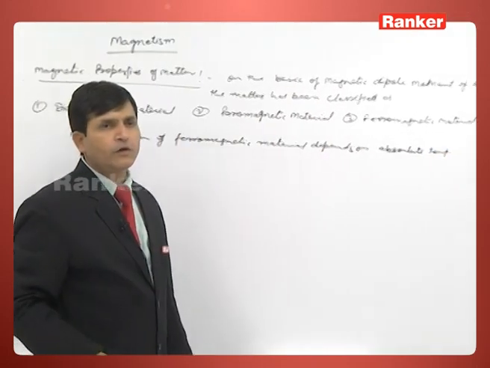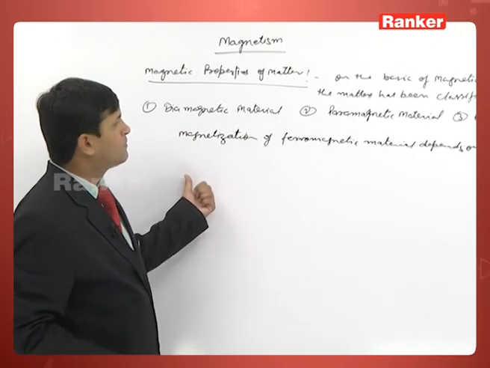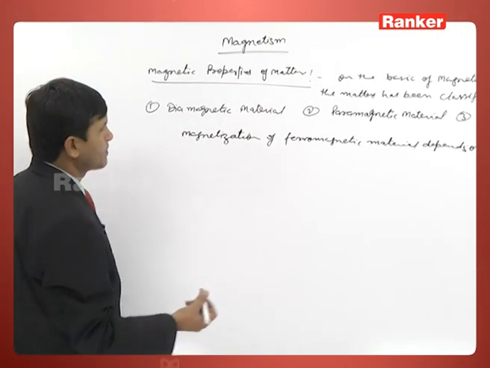It has been found that on increasing temperature, magnetism of ferromagnetic material decreases.